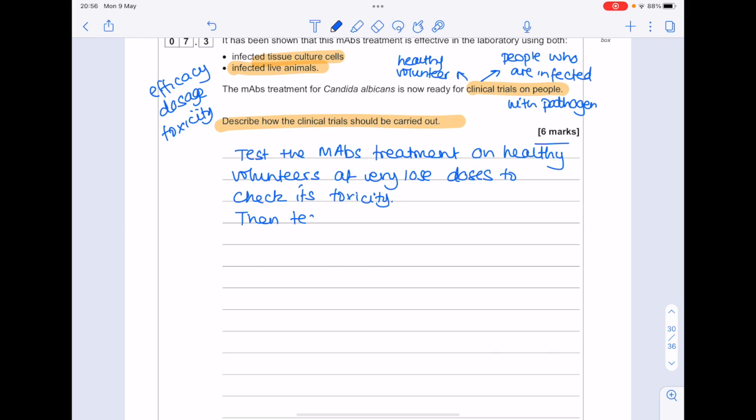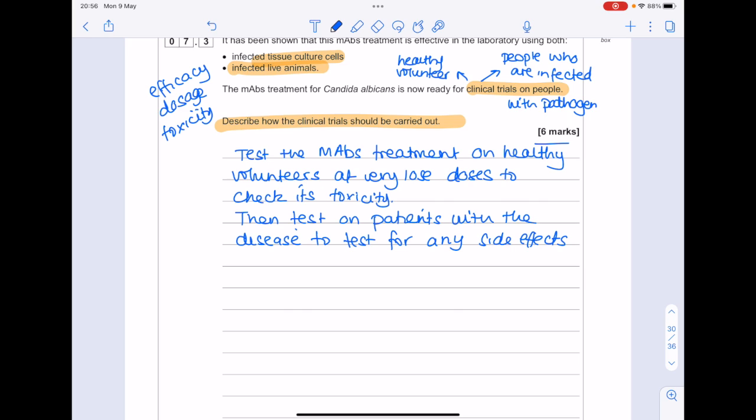Then test on patients with the disease. Why do we do that? To test for any side effects and to check its efficacy. So that's how effective it is.